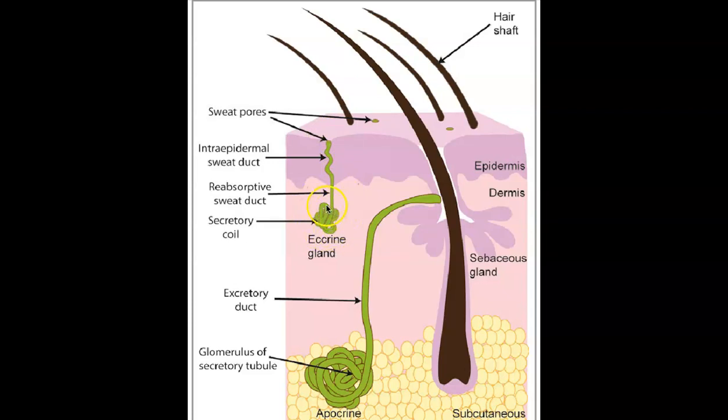Notice that they're here within the dermis, slightly smaller than these larger ones called apocrine glands. The apocrine glands are really just a much larger eccrine gland, but notice that rather than emptying out at the surface of the skin, they empty out into a hair follicle. This is interesting because these are especially located in places such as the axilla, or the armpit, where you're going to sweat a lot and produce a slightly different kind of sweat.